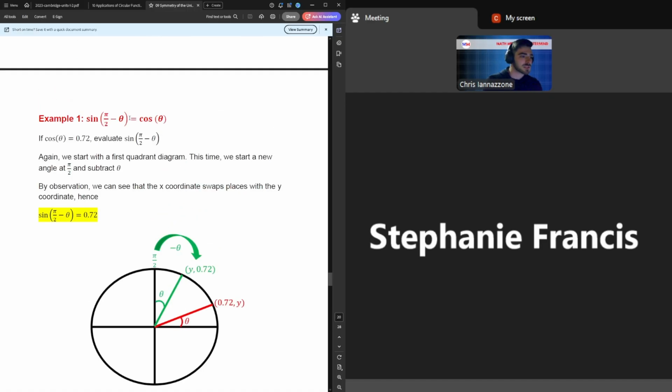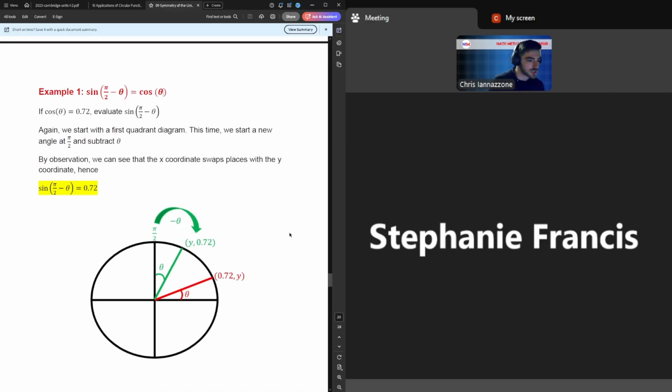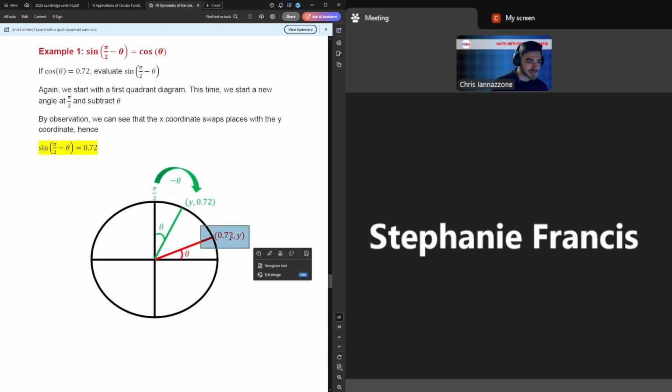Now, more specifically, it basically means whenever you have pi over 2 minus theta in sine, it becomes cos. And the reason why is because it's easier to think about the original one. If you start at cos, pi over 2 minus theta means start at pi over 2, and go backwards.